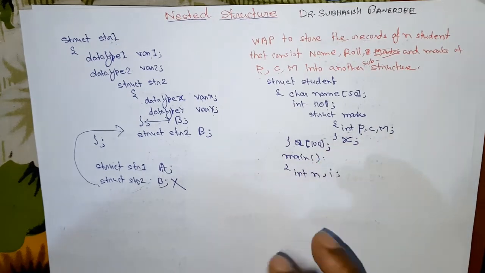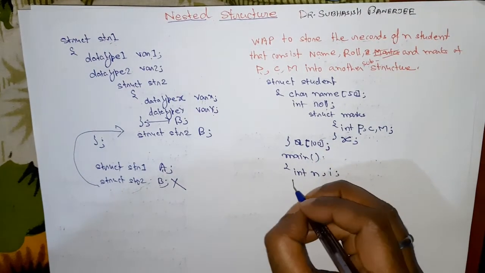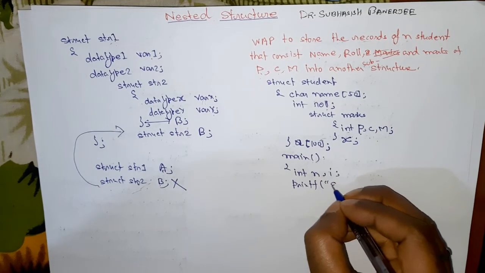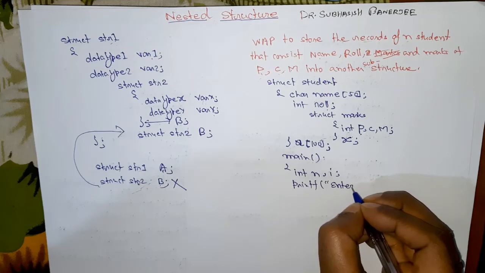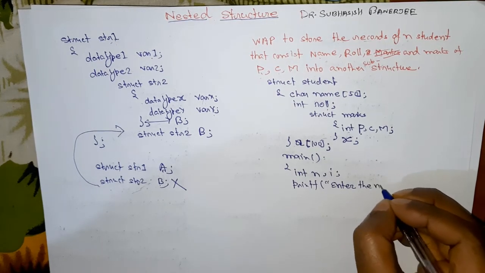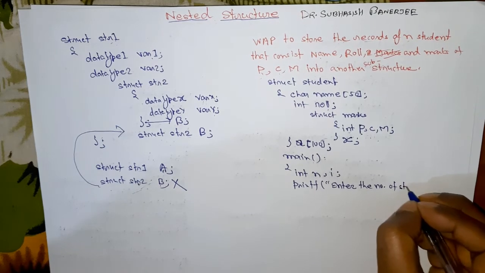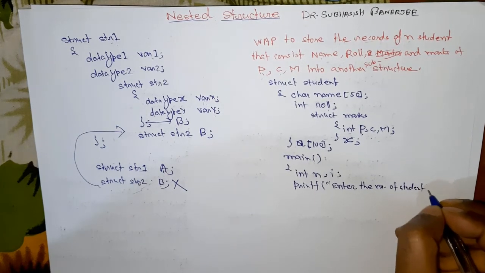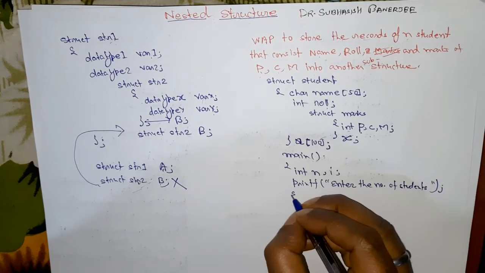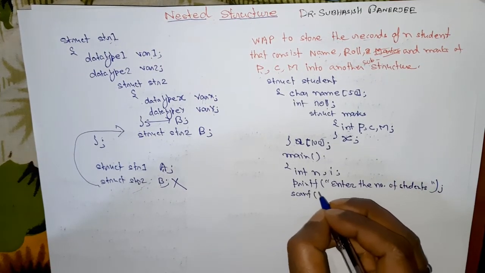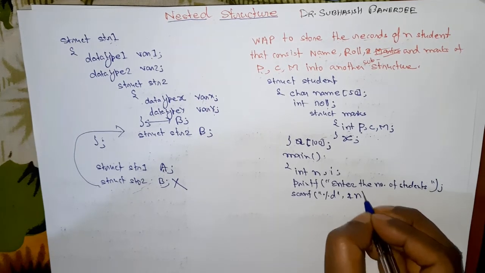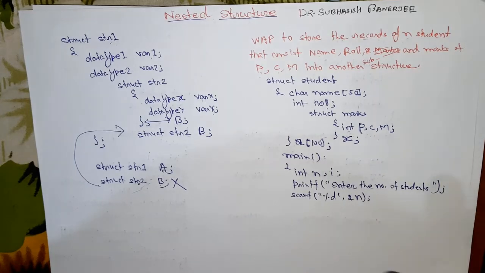I will first ask the user how many records. For this, you may display the message printf, enter the number of students. To get the input, you can have scanf %d of &n.